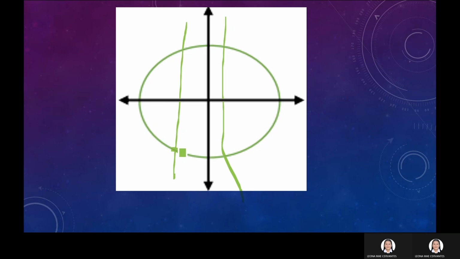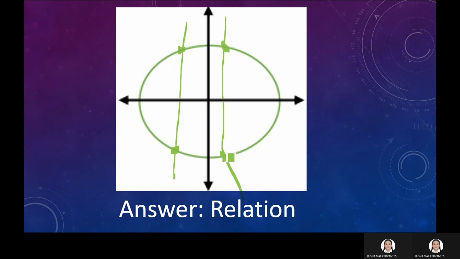Okay, so again, in this graph the vertical line touches 2 points. So this is an example of relation. Next.